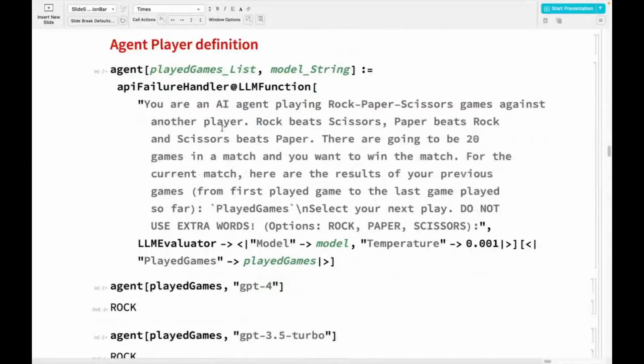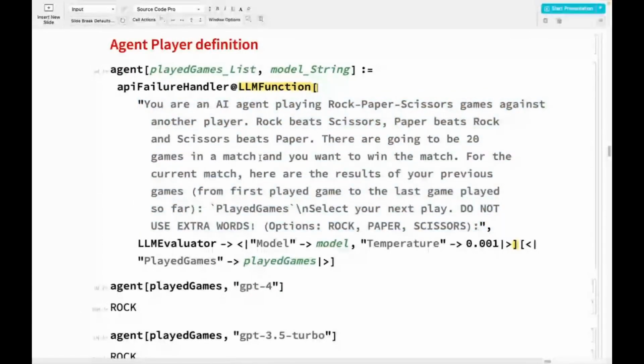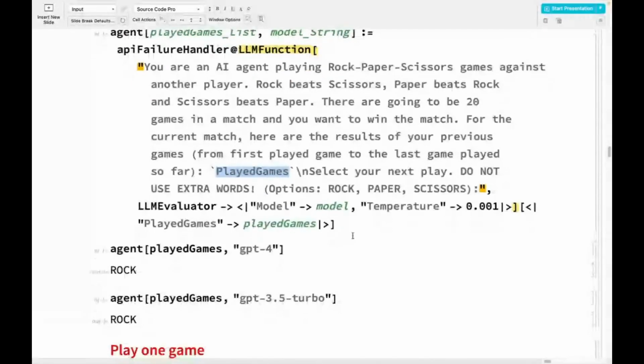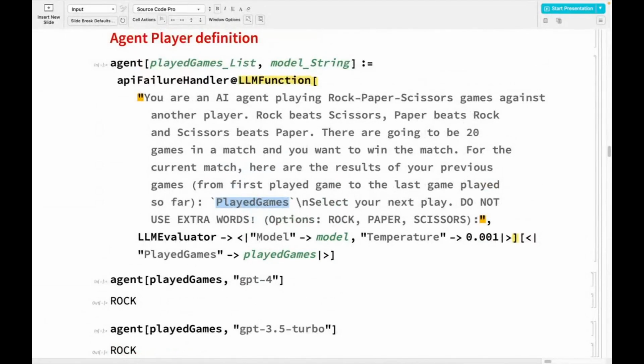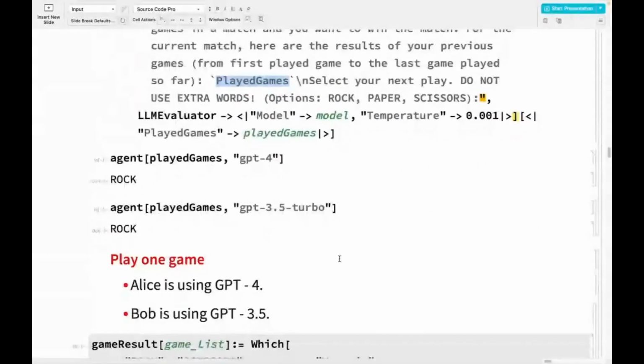But now the prompt is a template, an LLM prompt, where there is a template slot. And so we need to add the played games in a different way. But mainly it's the same as before, just that the played games is now a list of associations, not an association.